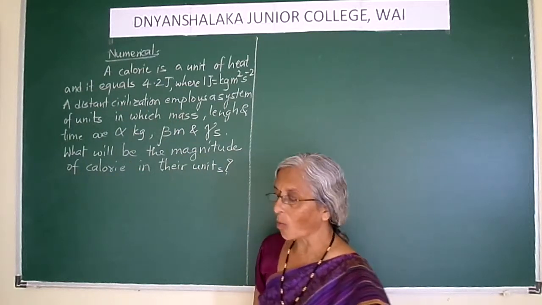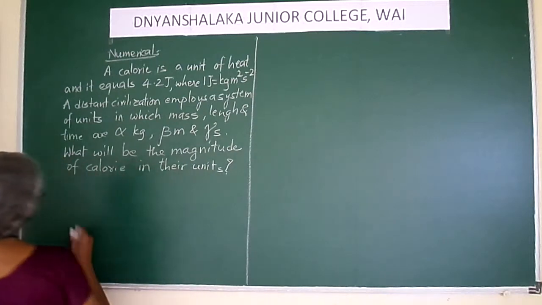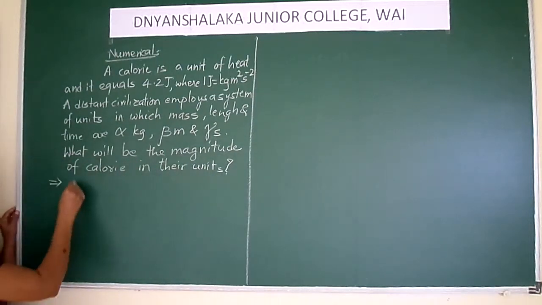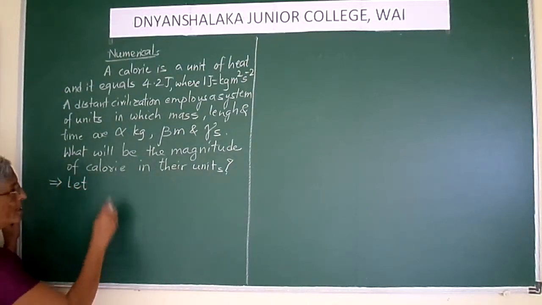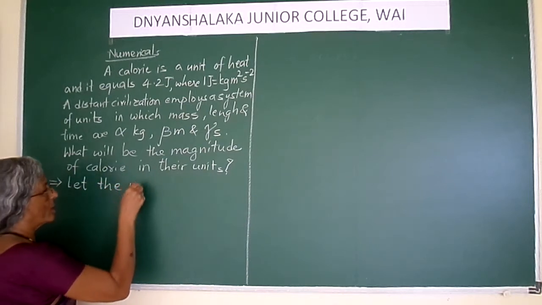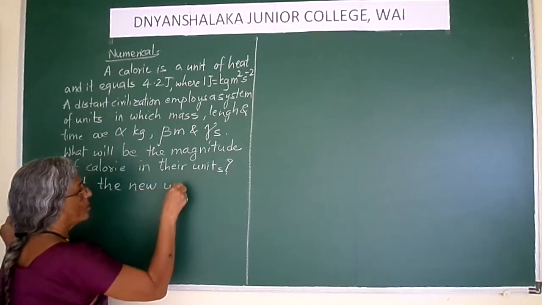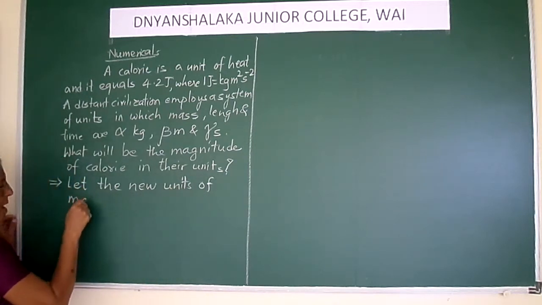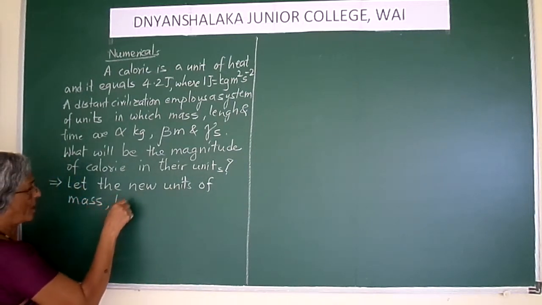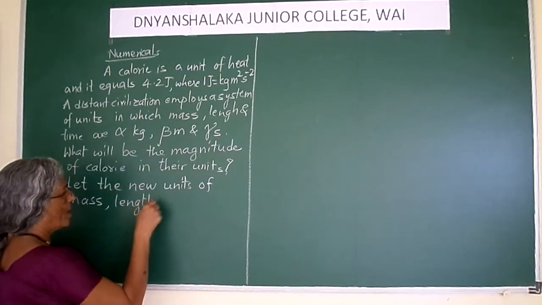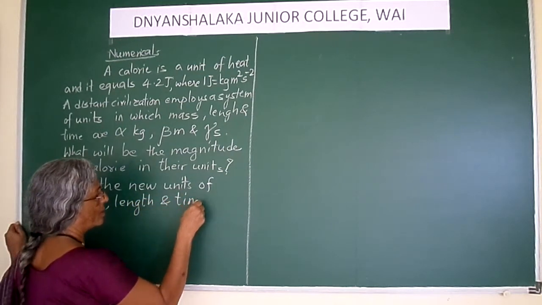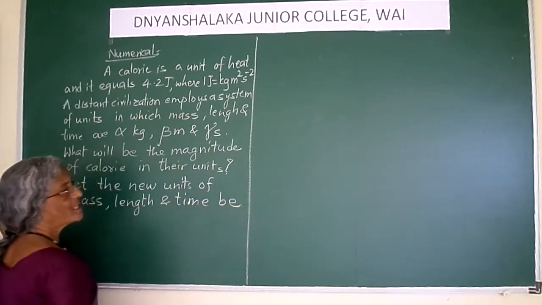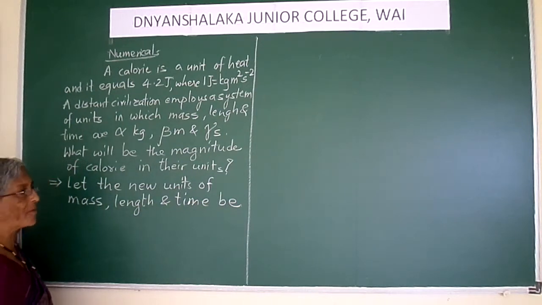Now let us go for consideration. So to solve this problem, let the new units of mass, length and time be some perfect variables.